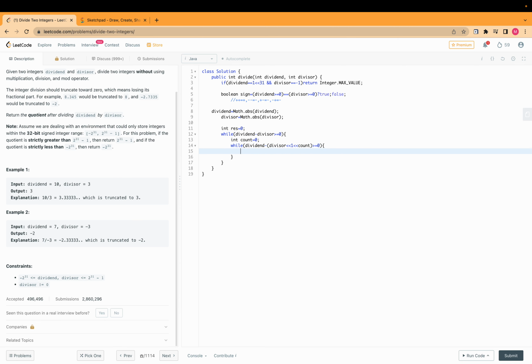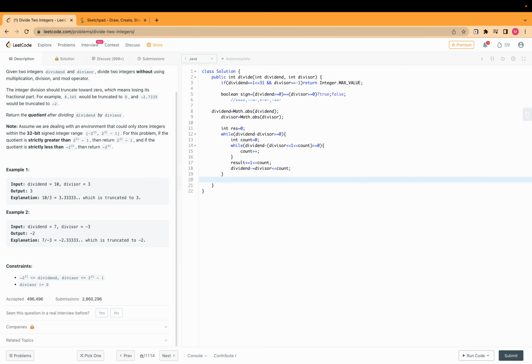And if this is the case, we will increase the count. Initially the count will be 0, so there will be no left shift, but then we will have 1, and like this it will go, and our result will have this one left shift by count, and our dividend minus divisor left shifted by count.